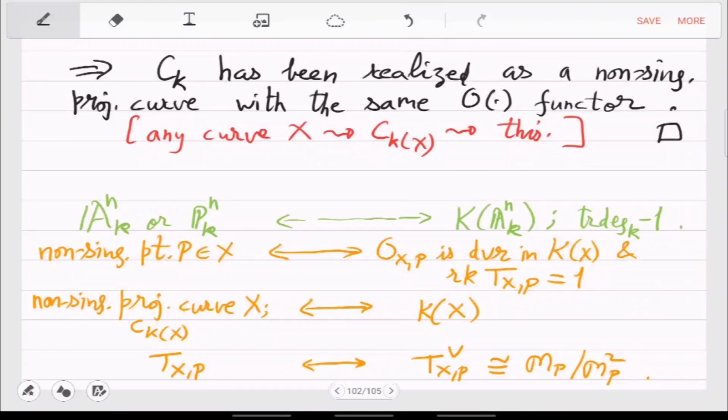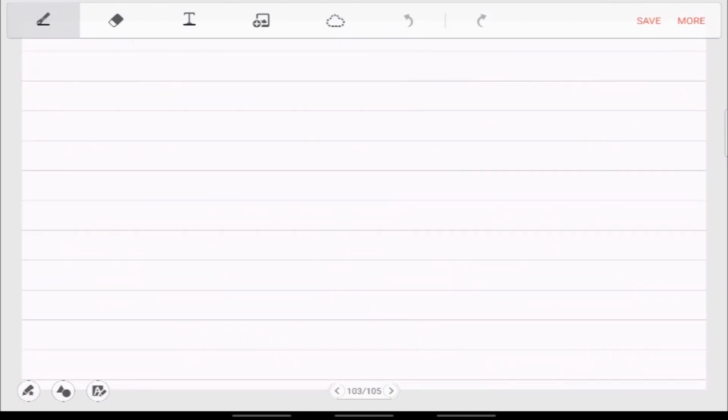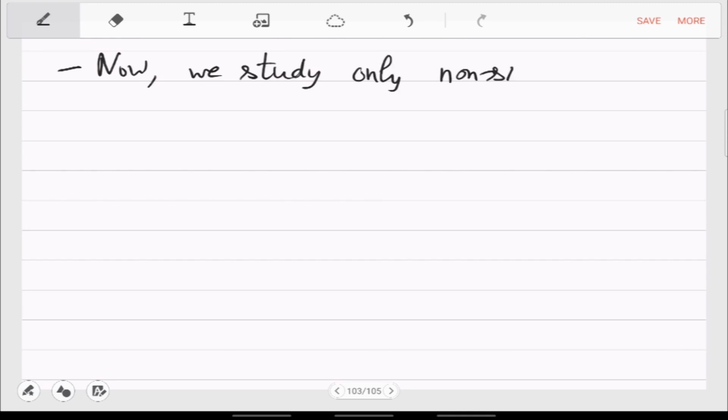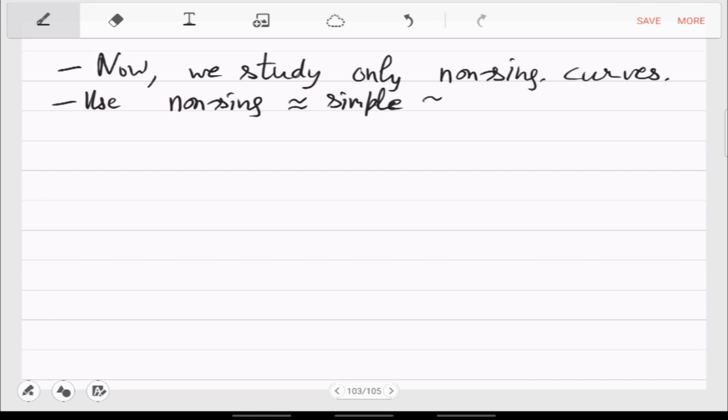Right, so we'll interchangeably use non-singular or simple or smooth.